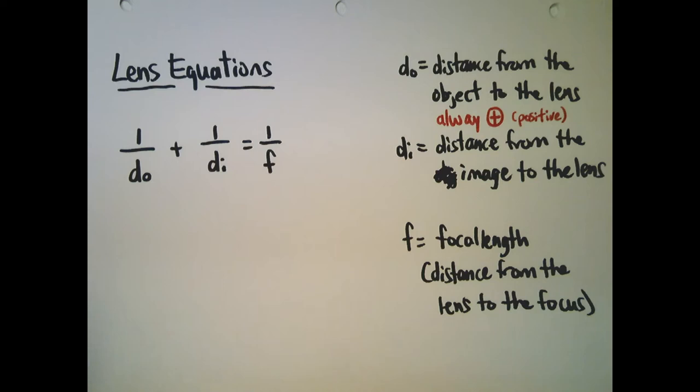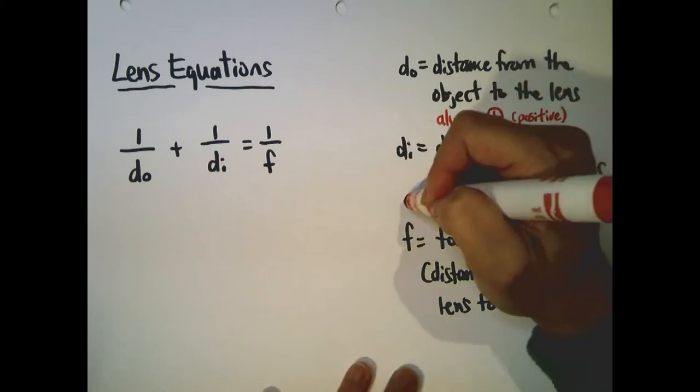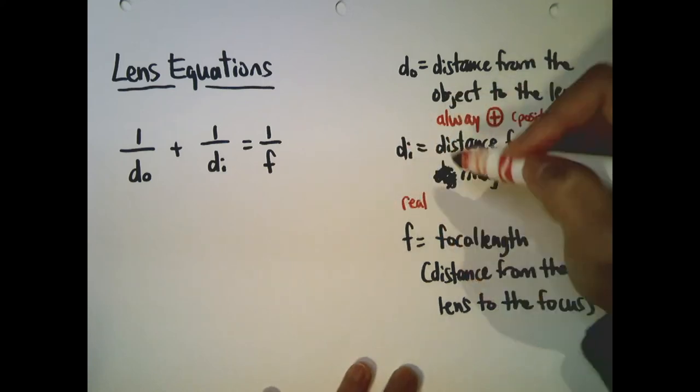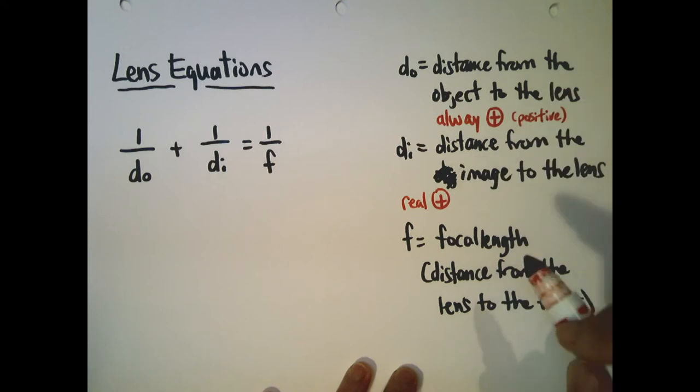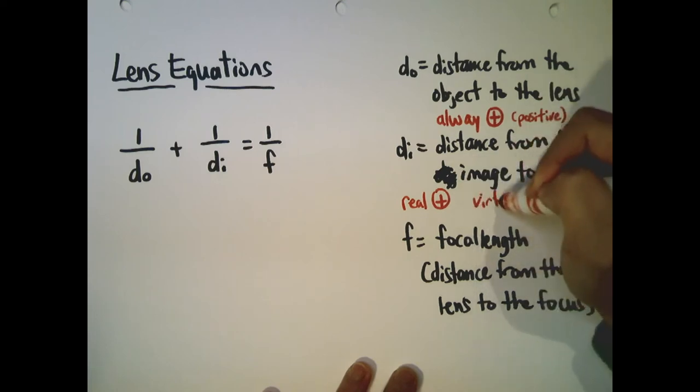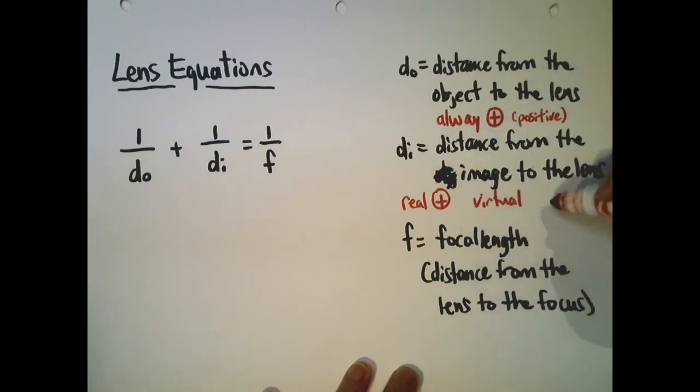If you don't look through the lens, you'll never see that image, and that's why it's called virtual. So for real images di will be positive, and for virtual images the value of di will be negative. So this here is going to be negative, with a negative sign with a circle around it.